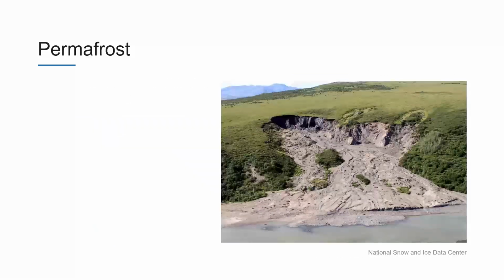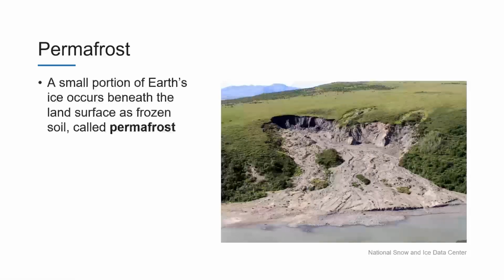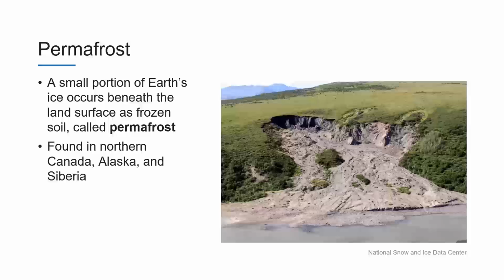A smaller but important part of the cryosphere is underground ice called permafrost. The word combines permanent and frost, though it's not truly permanent, it's more like continuously frozen soil. Permafrost is found mostly in northern Canada, Alaska, and Siberia. And as global temperatures rise, permafrost begins to thaw, like in the picture.